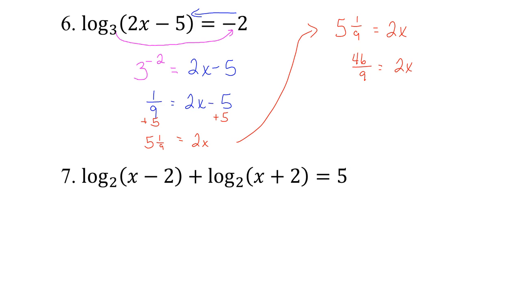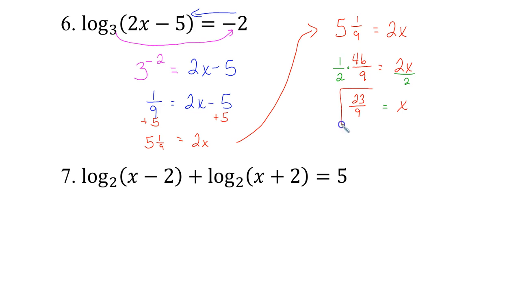We talked about a problem similar to this a couple of days ago. When we divide both sides by 2, that is the same thing as multiplying by 1/2. So over here on the right-hand side now, I get x. On the left-hand side, 2 will actually divide into 46 and gives me 23 over 9.